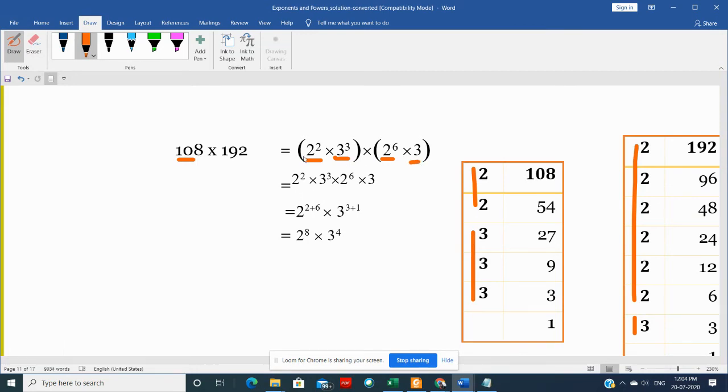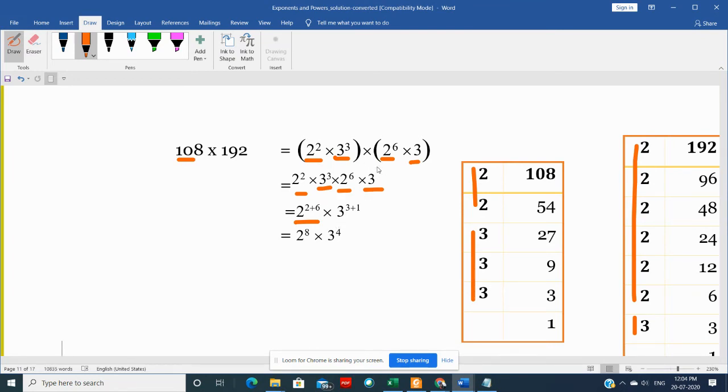Now, if you simplify them, you can take 2 and 2 same. So, the bases are same and there is multiplication relationship between them, so power will be added. Similarly, for 3 and 3, bases are same, power will be added.